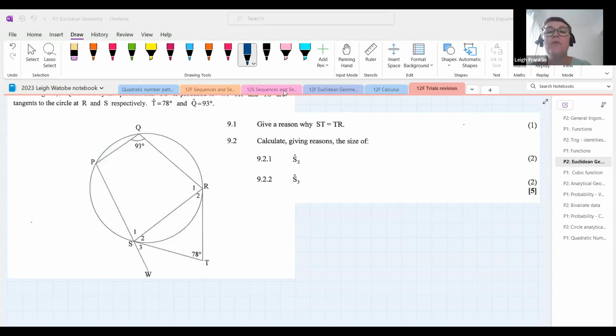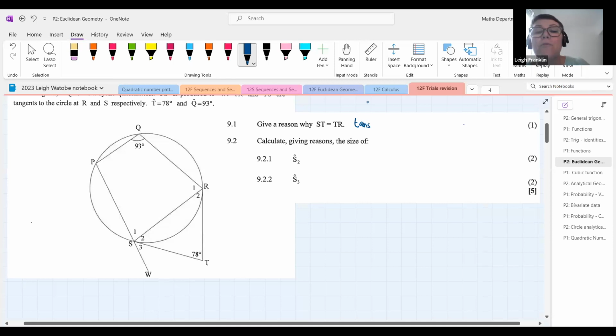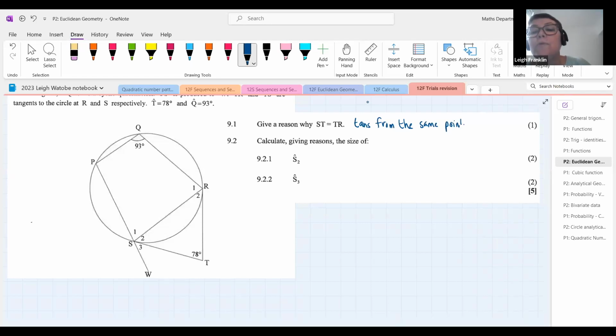Well done. Okay, they are tangents from the same point. Cool. All right, lovely. So this is just out of 1 mark. So there would be 1 reason mark allocated there. Brilliant.